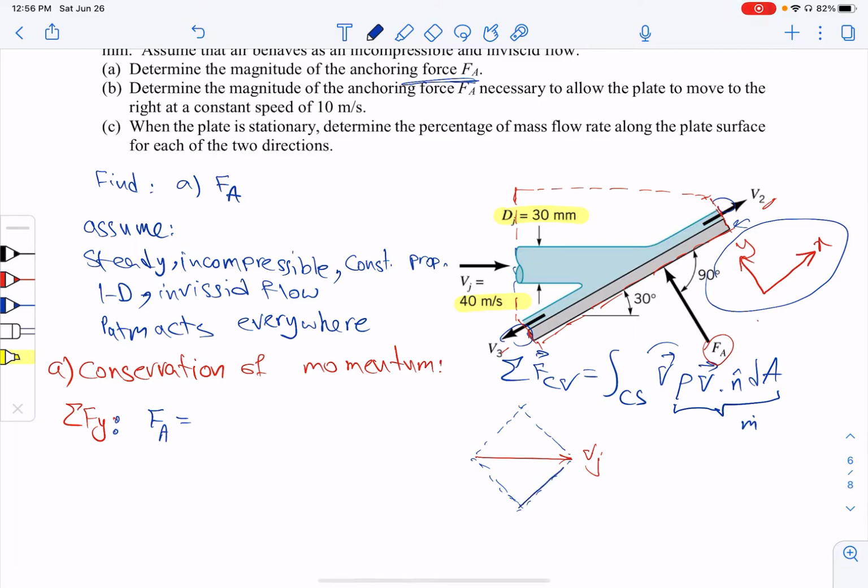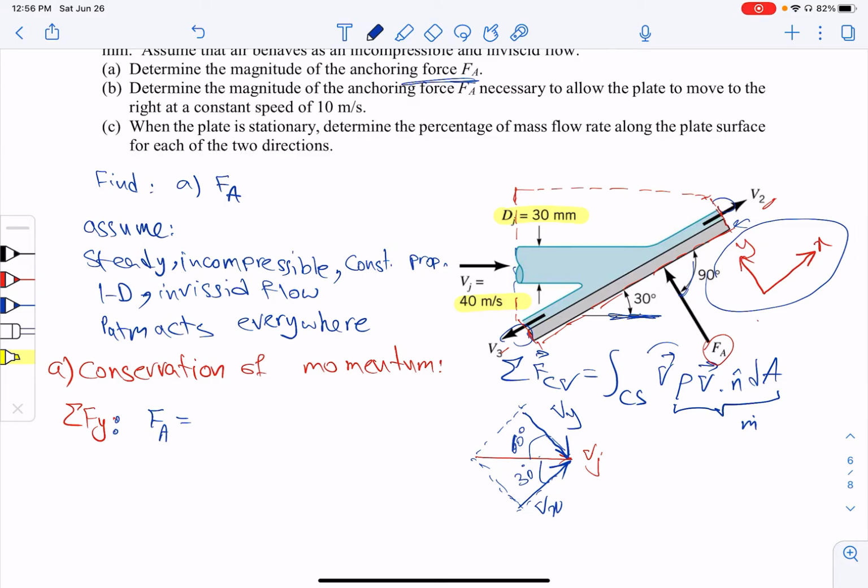So this one is going to be my Vx, sorry, and then this one is going to be Vy, right? And you know that if you look at this one, it is 30 degree and this one is 90 degree, right? So then it means that this one is 30 degree and then this one is going to have 60 degree, right?